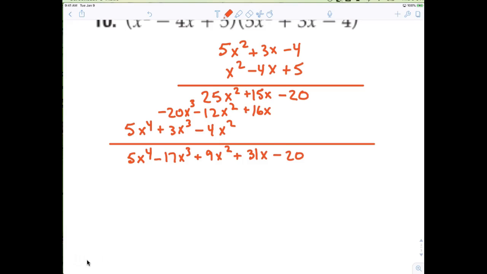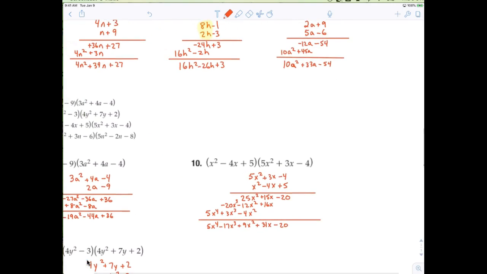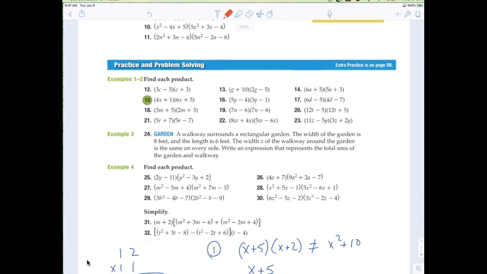Now, what I want you to do is I'm changing up the homework. I'm going to ask you to write down at the top of your paper the numbers that I want you to do, because it's not necessary to do all of these. So here we go. I want you to do pretty much 12 through 23. 12 through 23.